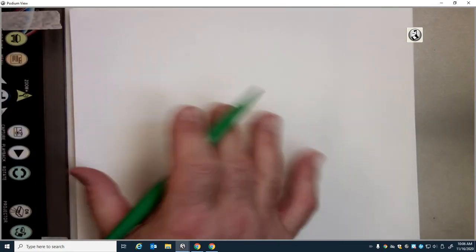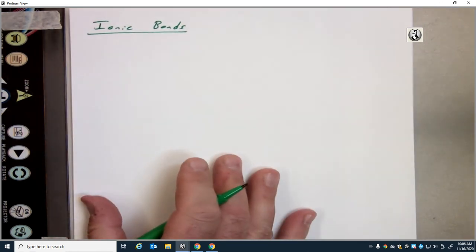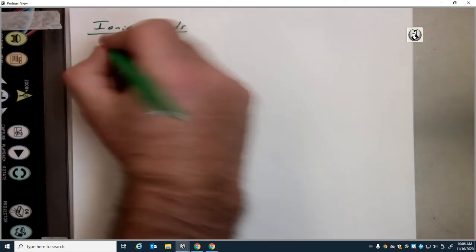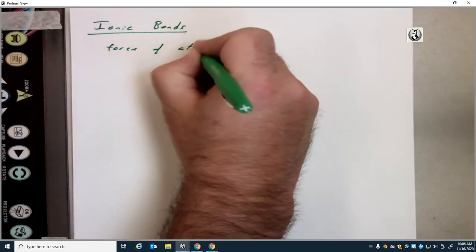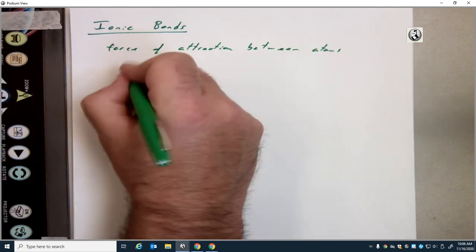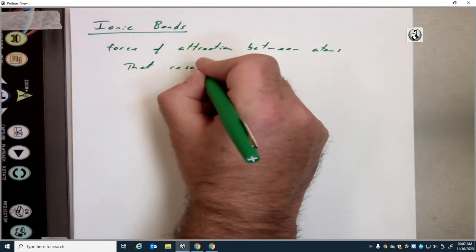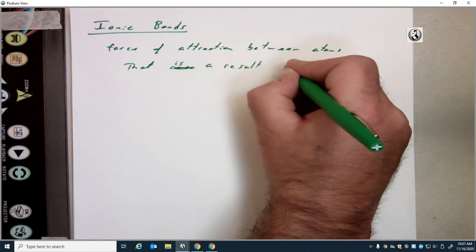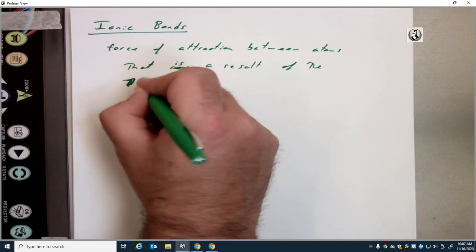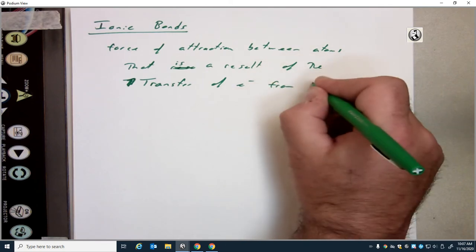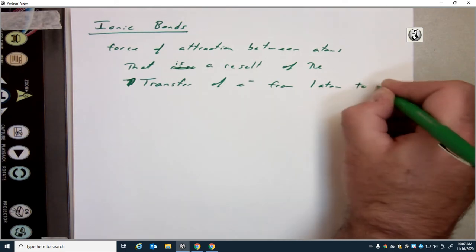All right, so let's talk about ionic bonds today. So an ionic bond is a force of attraction between atoms that is a result of the transfer of electrons from one atom to another.